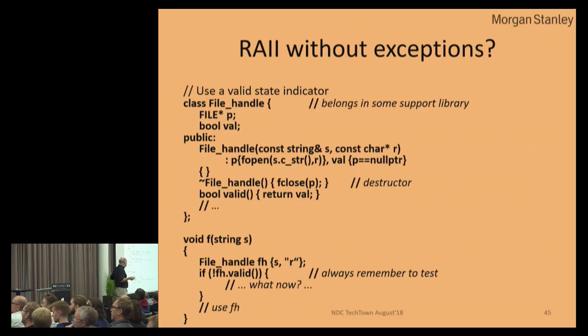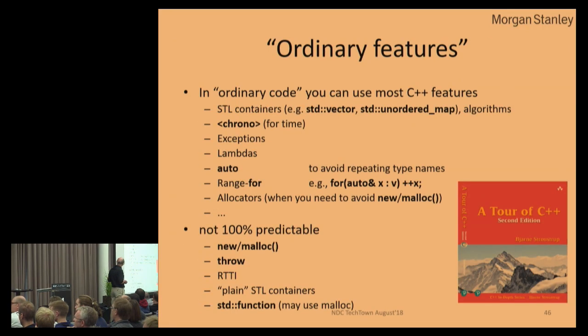Now, it's not as pretty as throwing an exception, and you still have the problem, what on earth do you do if the file handle wasn't valid? You can do something for a file handle, but if you have to do it with all of your resources, for whenever you acquire some memory, say, it becomes a real pain to have all of that error handling code there, but you sometimes have to do it.